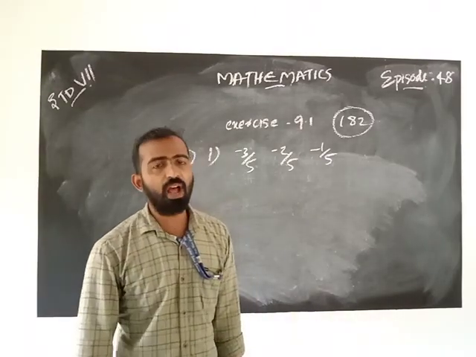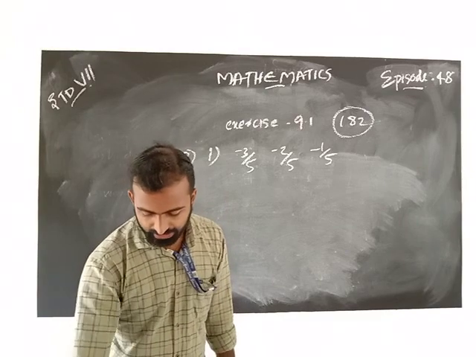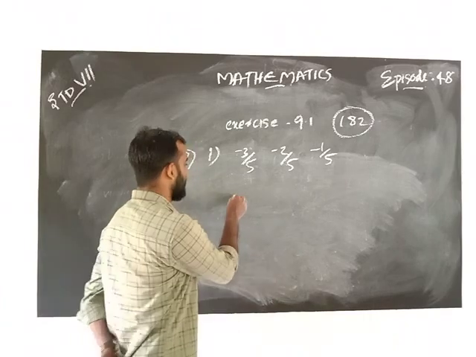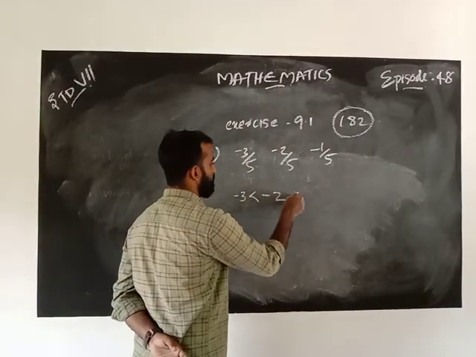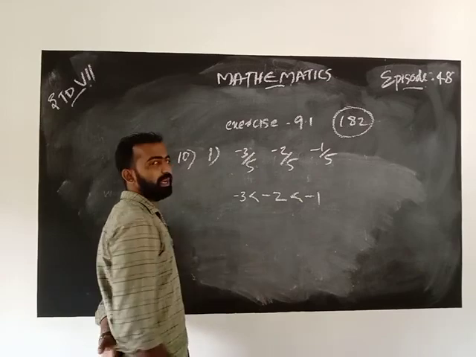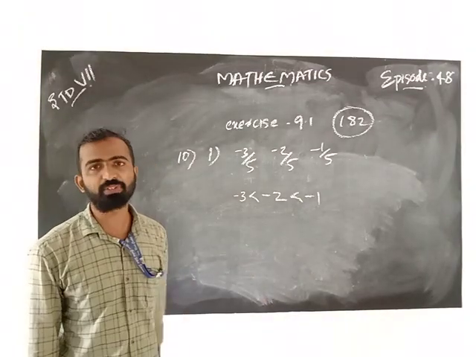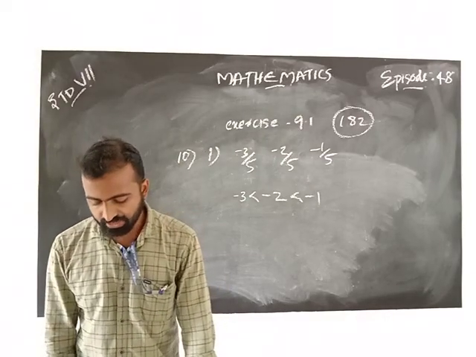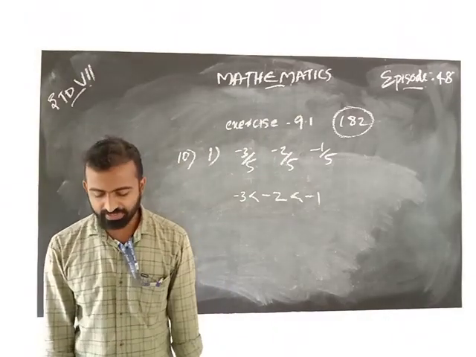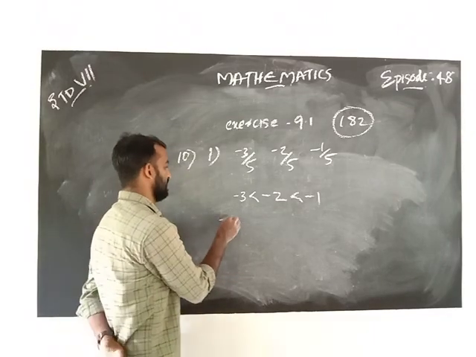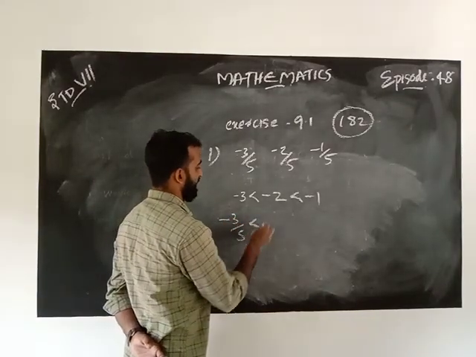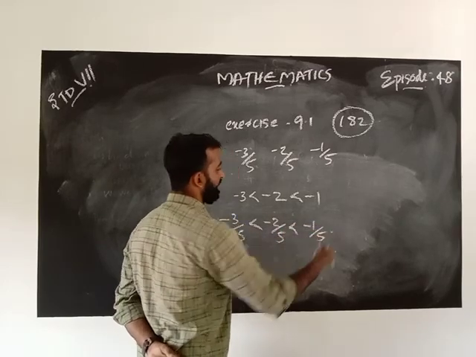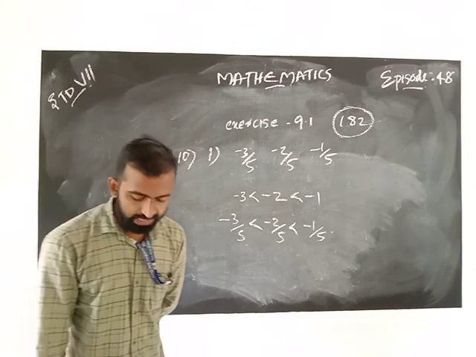When we see the question, the ascending order is also given: negative 3 less than negative 2 less than negative 1. Here the denominators are same, so the ascending order of the first one is negative 3 by 5 less than negative 2 by 5 less than negative 1 by 5. That is the answer.